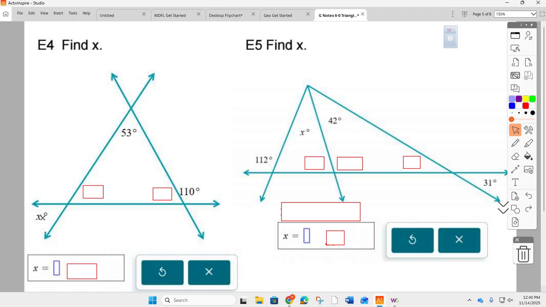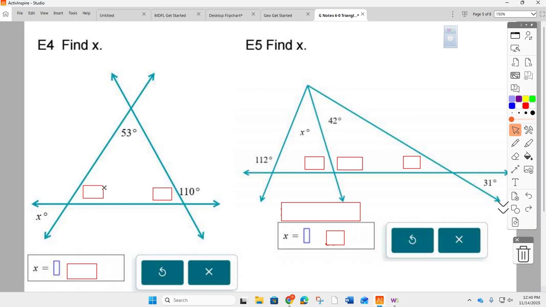So we are going to consider that this is an exterior angle. This angle and this angle are remote angles to it. Does that make sense? Okay. So it's outside. The two angles that aren't touching it are this angle and this angle.